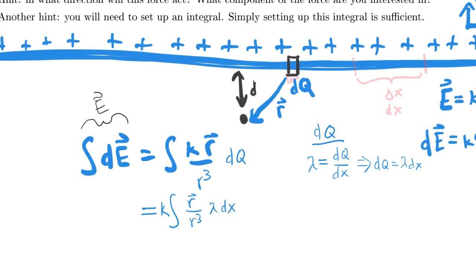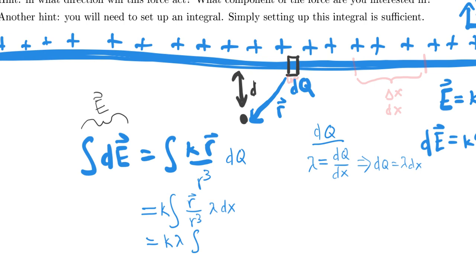And we've done this before, right? We've written out this exact same equation in the previous problem. I'm just going to take the k, and remember, lambda is constant, so I'll take the lambda out of the integral too.